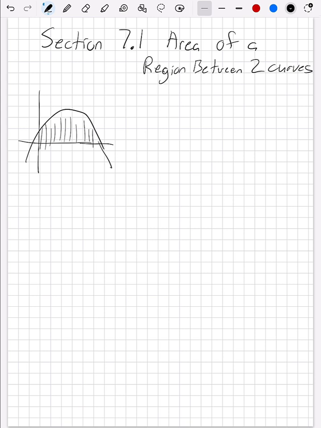our limits. Well, now if we are given two curves, and curves really just means two graphs, because it could be a line, so it doesn't necessarily have to be a curve.